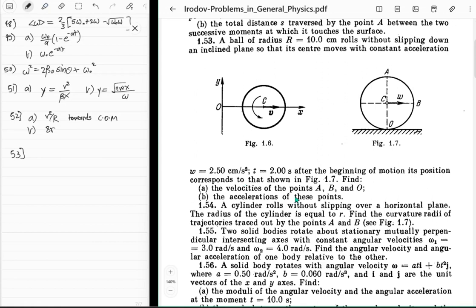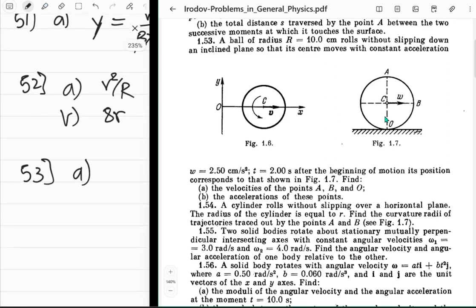The velocities of the points A, B, and O. This center is moving with 5 per second, so A is going to move with 10 per second. O is 0. B is 5 in this direction and 5 in this direction, so it's like 5 square root 2. When you say velocities, do you want vector form? No, I'm just going to give you the magnitudes.